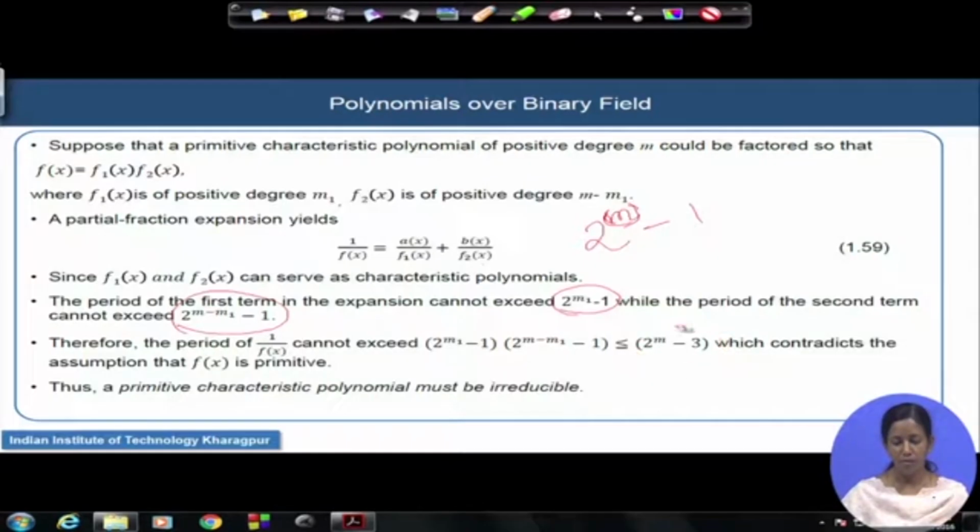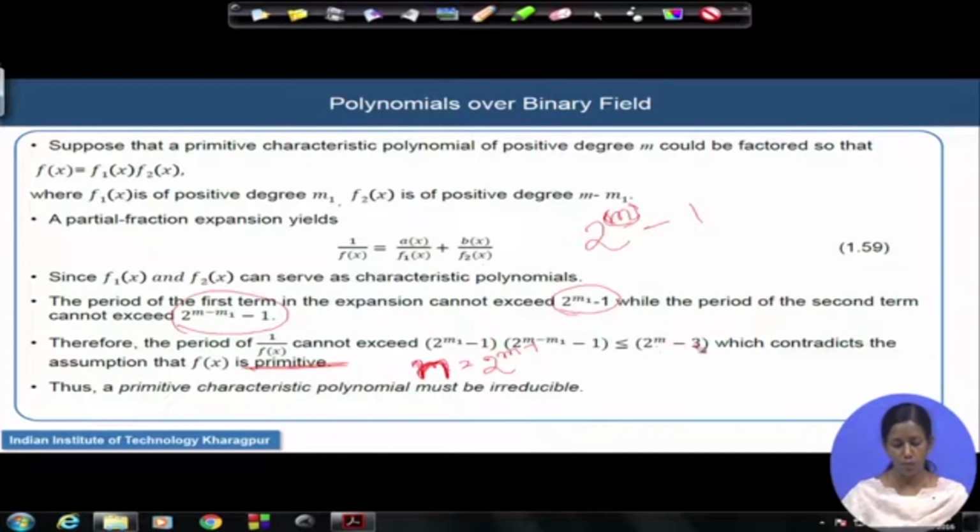If it cannot exceed this value, it contradicts the assumption that it is primitive, because if it is supposed to be primitive, then its order m and its generated sequence period n should have n equal to 2 to the power m minus 1, which does not hold good here.